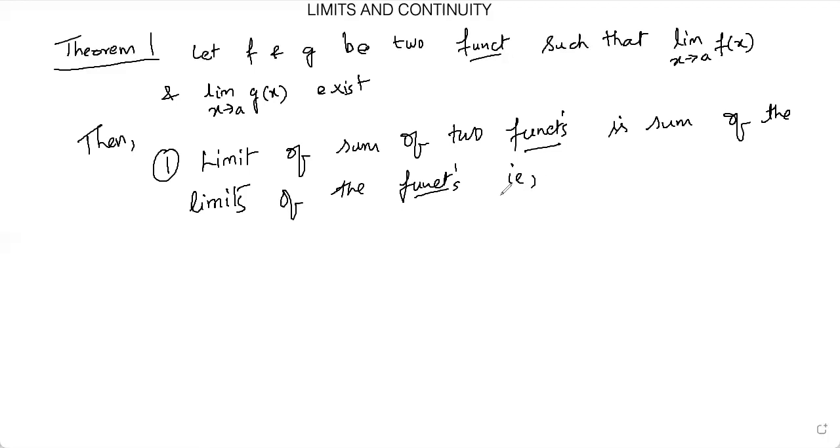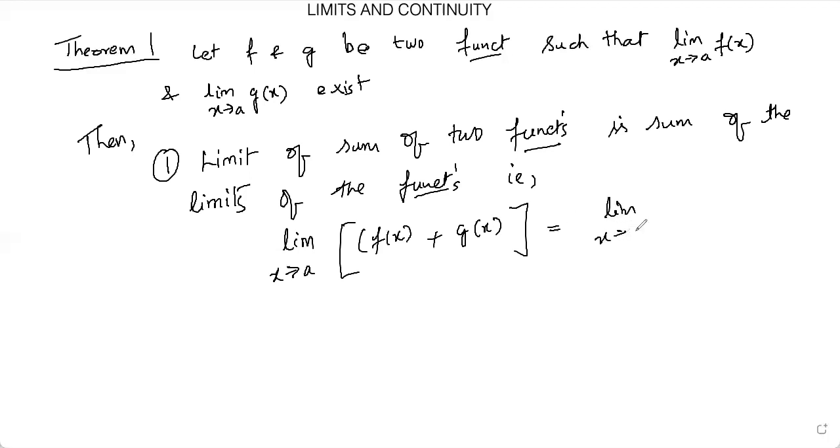That is, limit x tends to a f of x plus g of x, which is equal to limit x tends to a f of x plus limit x tends to a g of x.